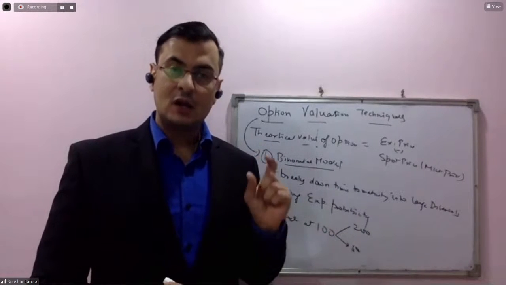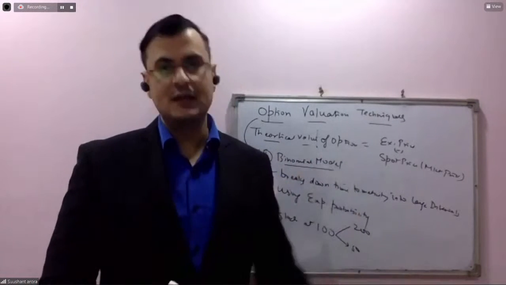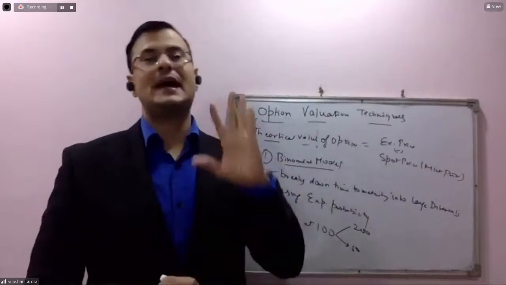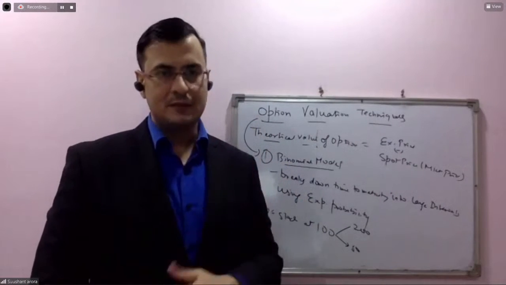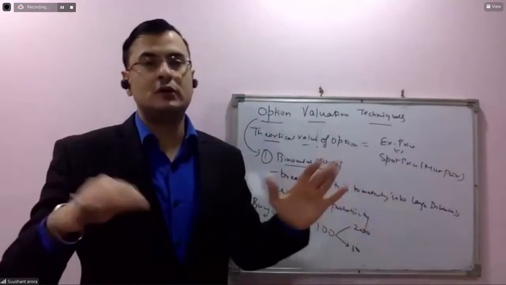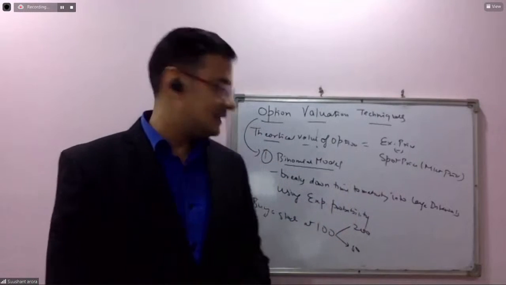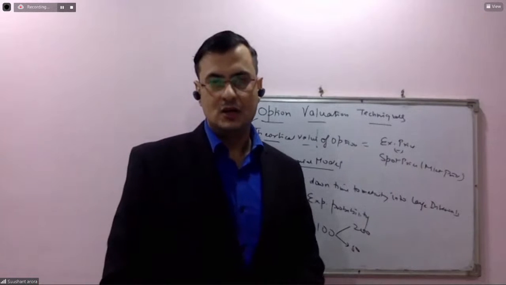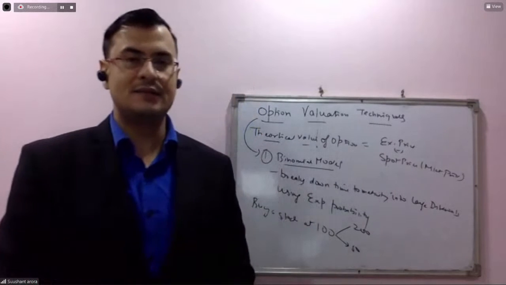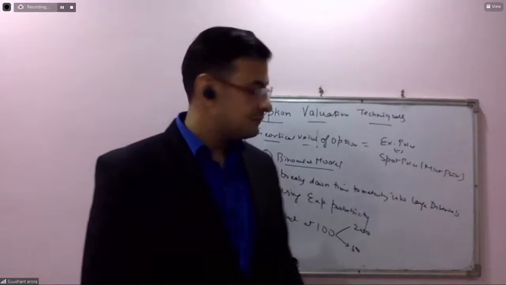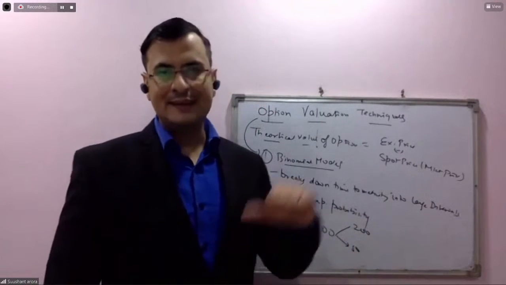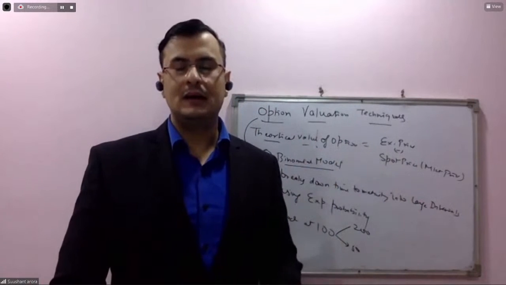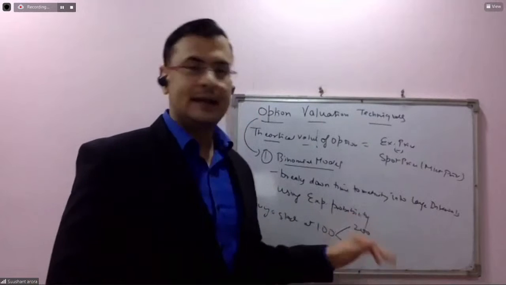In exams, the value of the call option has been asked many times in the past. But I really can't be sure that they might not ask you about the put option. They can ask about the put option as well, so be ready for that. It's a very conceptual paper. The movement can be either positive or negative, meaning it can come down.